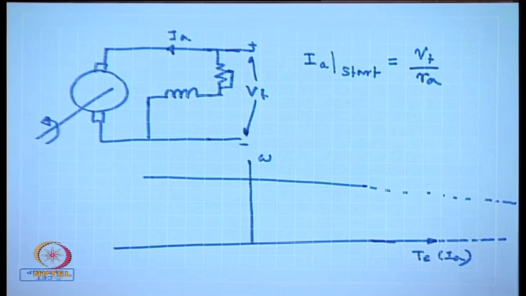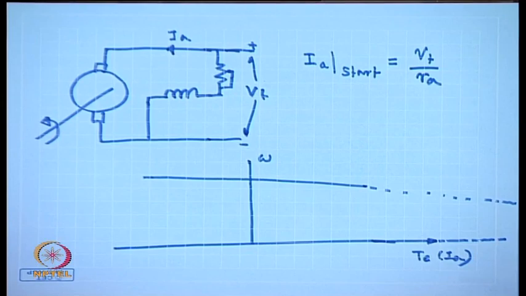For very large machines, this may be as small as 1 per unit, 1%. For even small machines, it will not be more than 10%. So, you can expect anywhere from 10 to 100 times the rated motor current to flow if it is connected directly across the supply voltage.